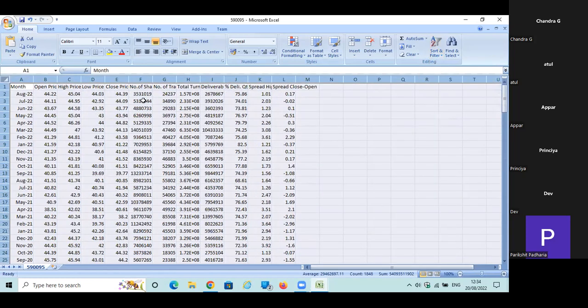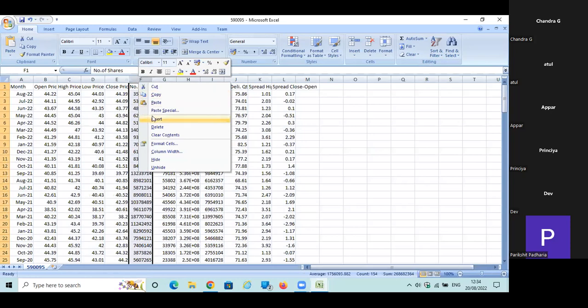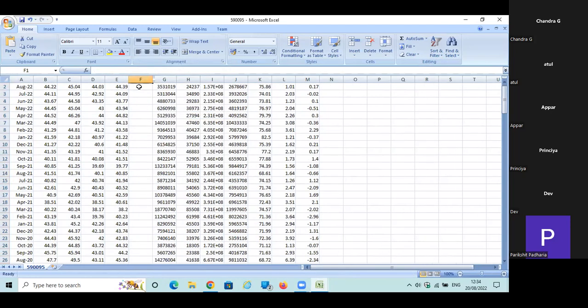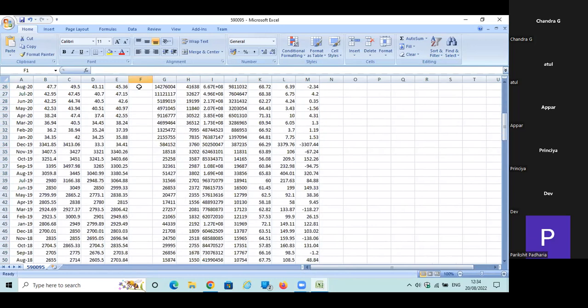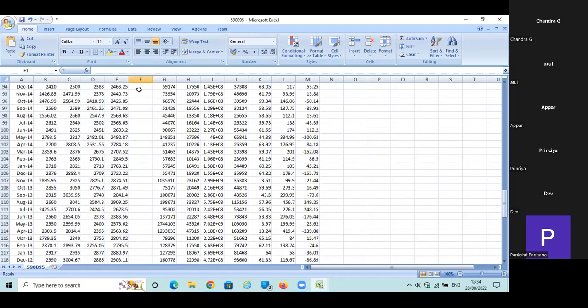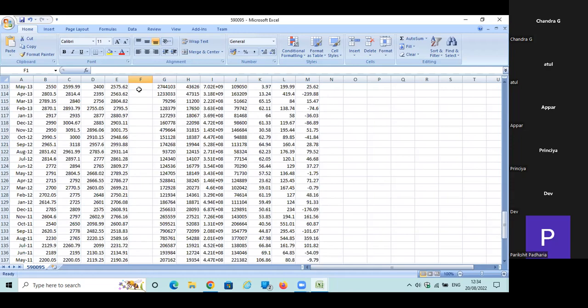Now after F, you insert a column. After E, you insert a column. Now if you come down, see the gold was split, right? Earlier it was 2000, now it is 40. So from that date, you have to divide it by 10 or 100.